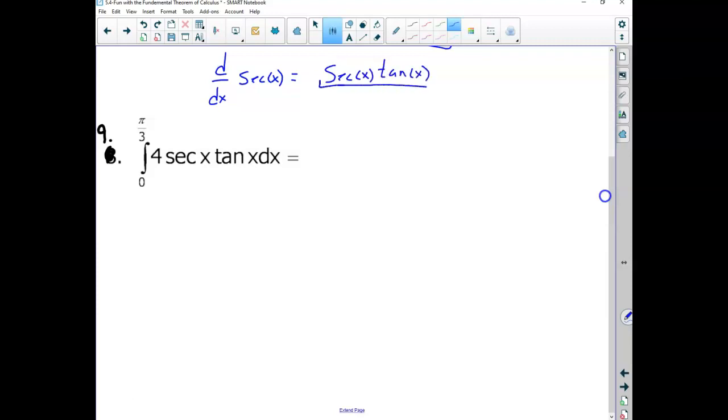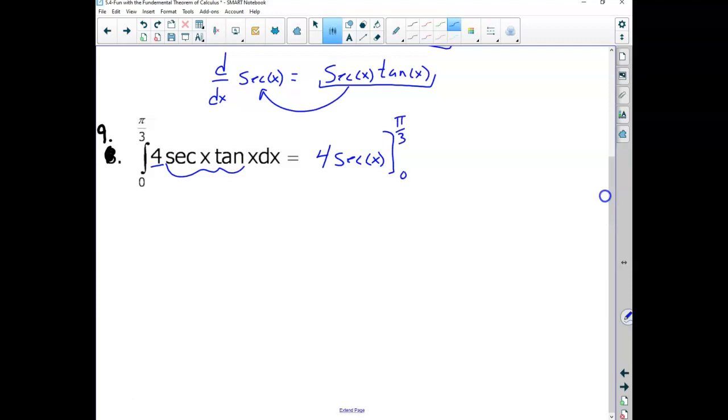So that means the antiderivative of that would be a secant x. So the antiderivative of 4 secant tangent is going to be 4 secant x. We're going to evaluate that from pi over 3 to 0.